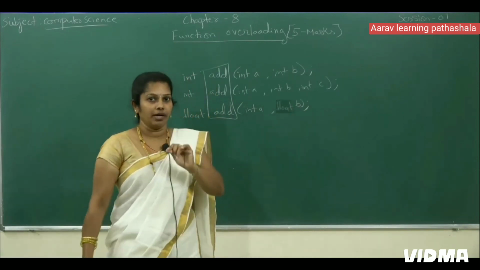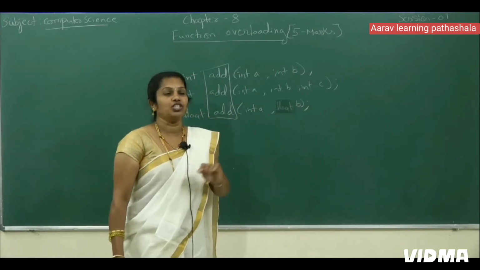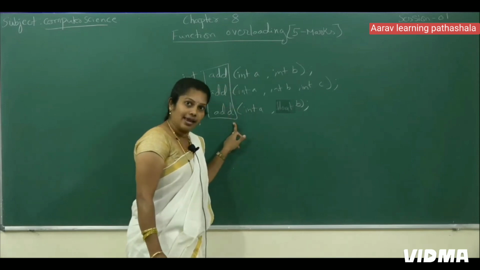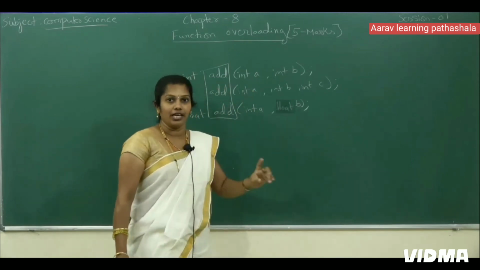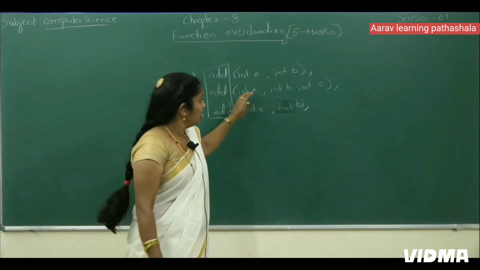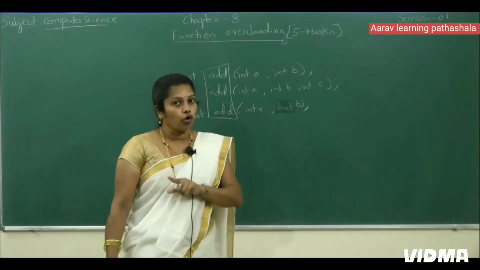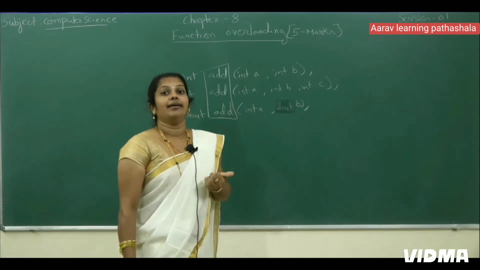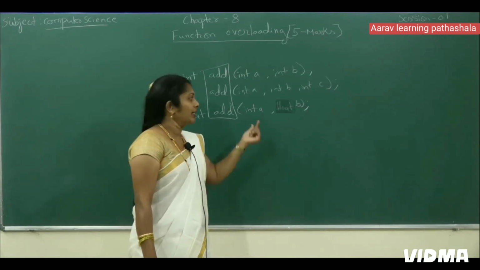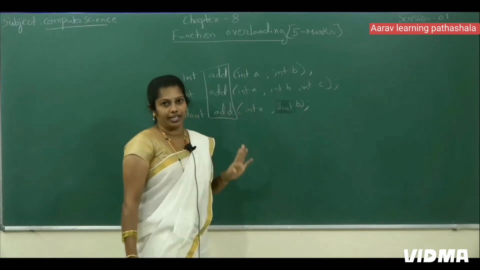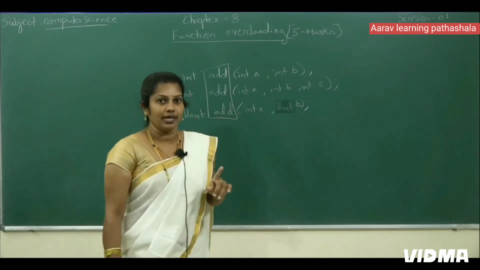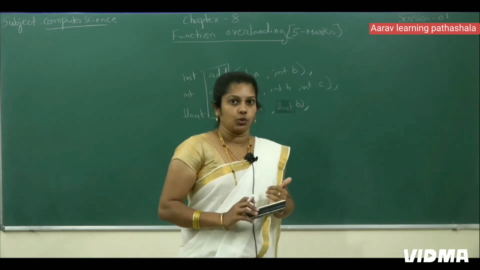Function overloading means two or more function names are same but differ in number of arguments. Two arguments, three arguments, two arguments. Differ in number of arguments or data type of the argument. It is very very important. In viva also they will ask this question.